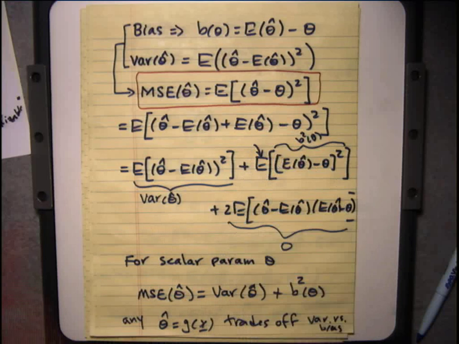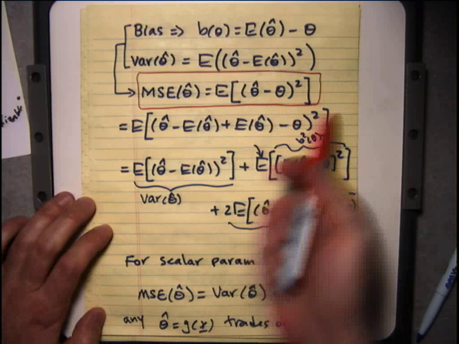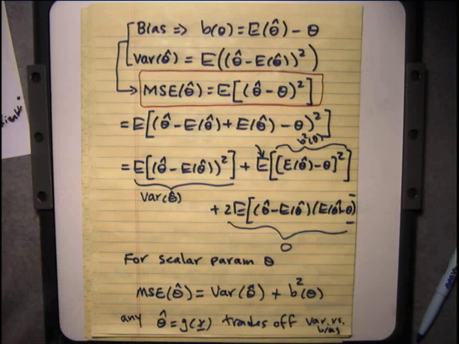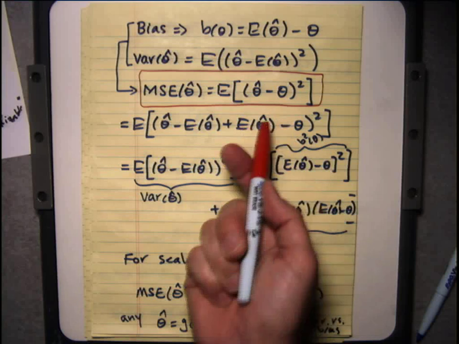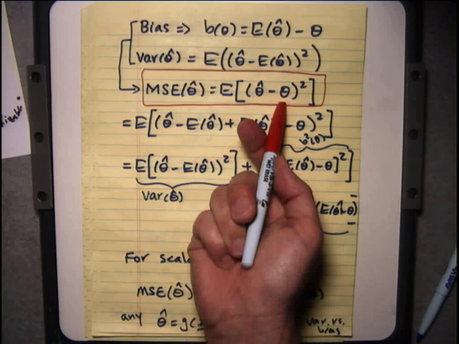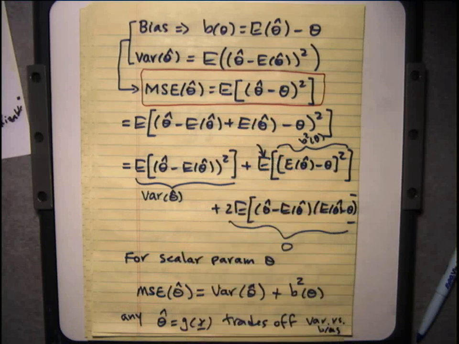So you should generally expect that minimizing mean squared error is a very difficult thing to do, because the expression immediately tells you it requires sort of clairvoyant knowledge of the thing you're trying to estimate, right? Okay, so don't expect too much if you want to minimize mean squared error.